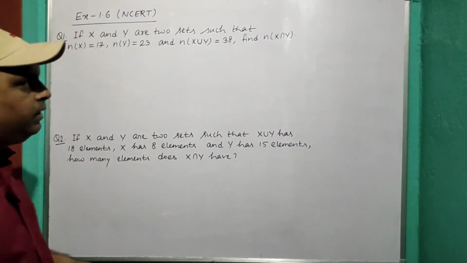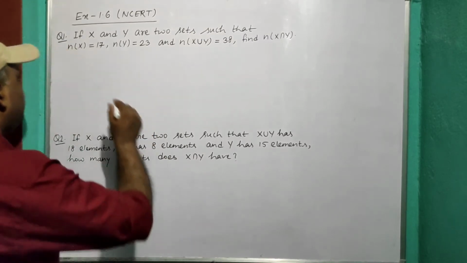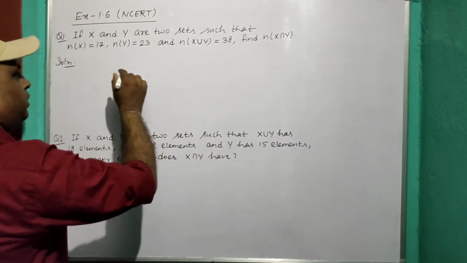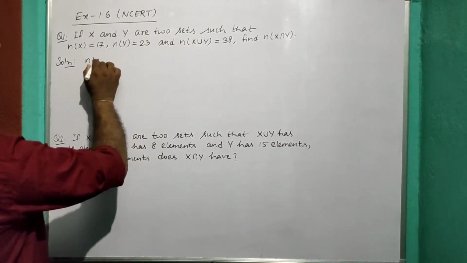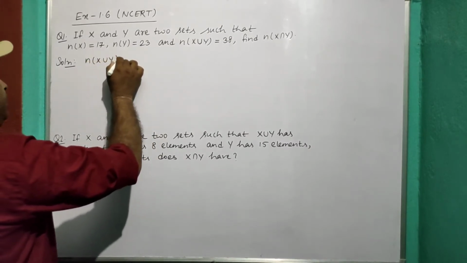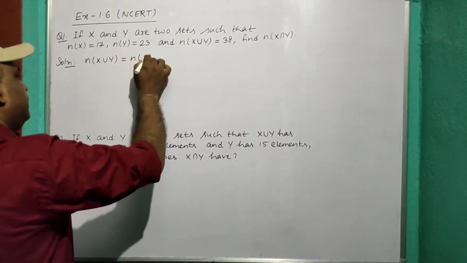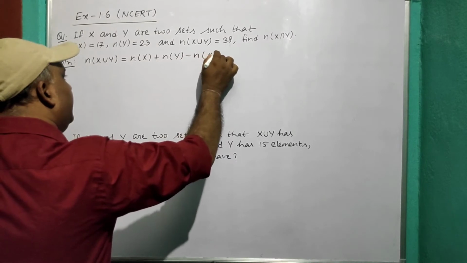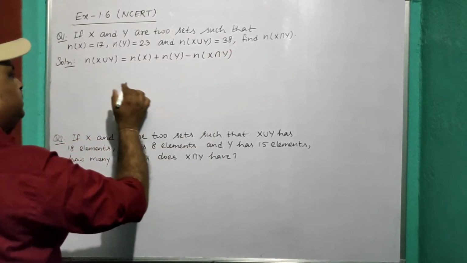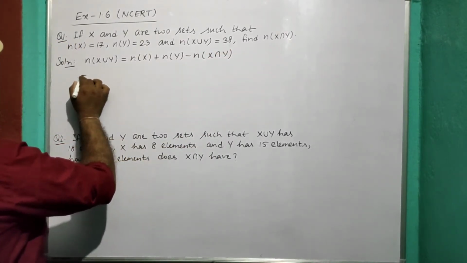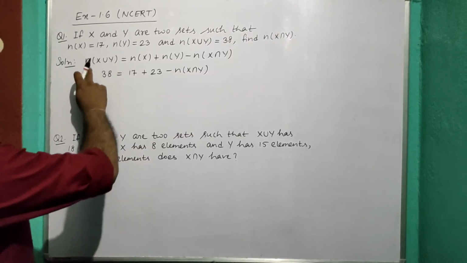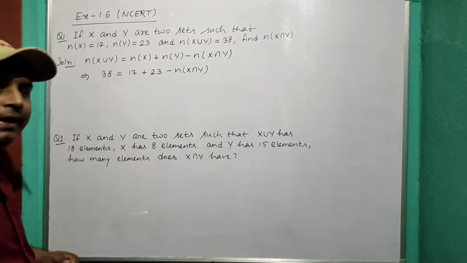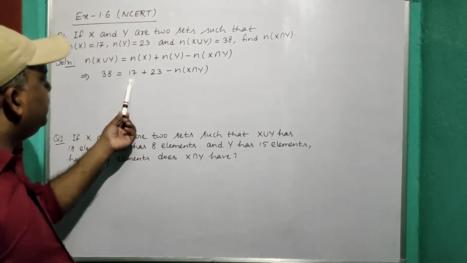So this can be done directly using the formula. Which formula? You know that n(X union Y) is nX plus nY minus n(X intersection Y). This is the formula. So putting the values here, in place of n(X union Y), I have put its value 38. In place of nX, you can put its value 17.